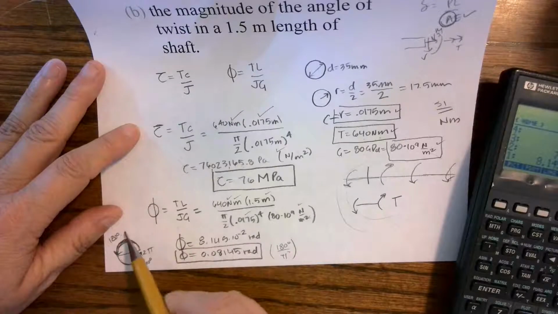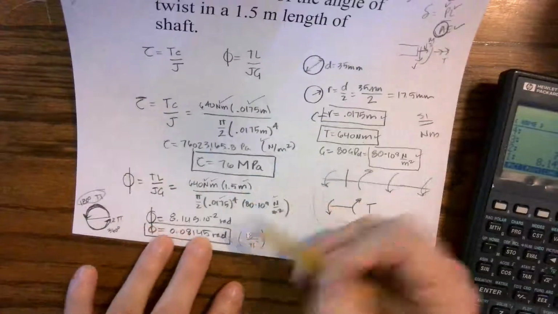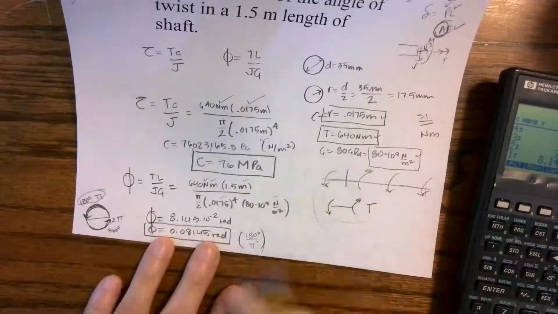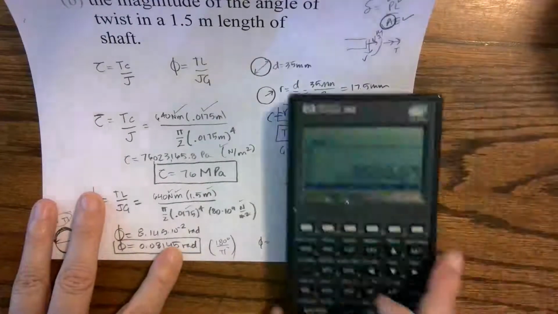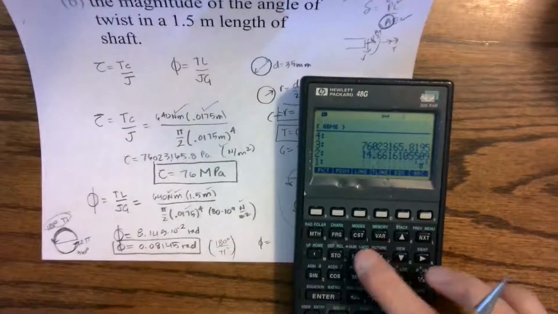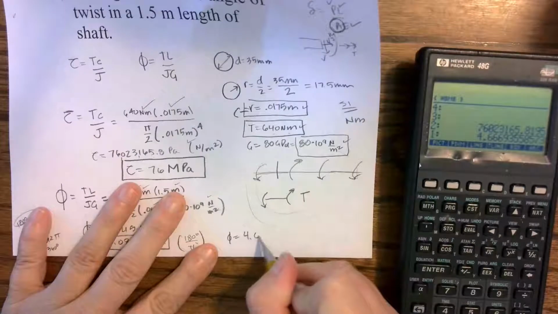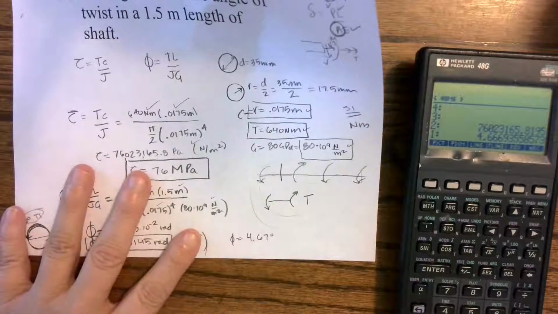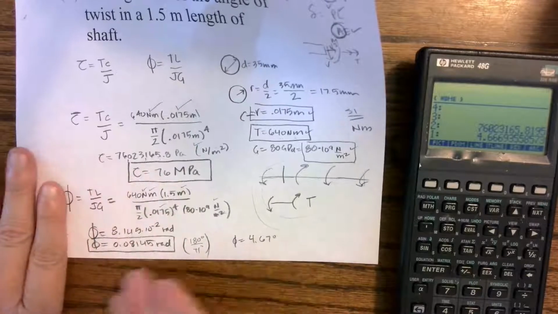Half a circle is also pi. So it's easy to keep this relationship. If I have radians on the top and I want degrees, then I need to set my ratio up like this. So I could say, let's just check what kind of number that is, 180 times, and then divide by pi, and I get 4.67 degrees.